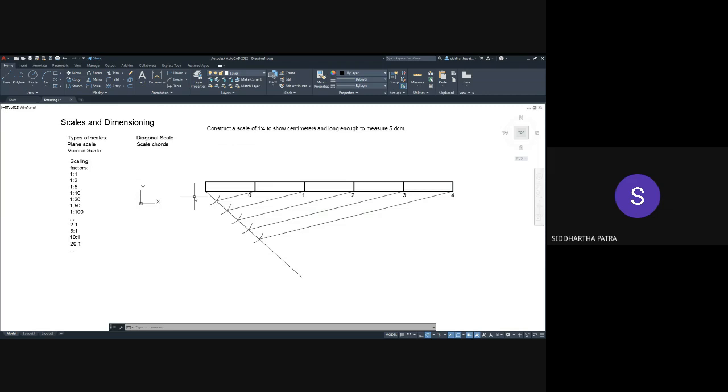So 0 to 1 is 1 decimeter, 1 to 2 is another 1 decimeter. But between 0 and whatever is on the left side, that's where we are supposed to have centimeters. And that is what we would number later.